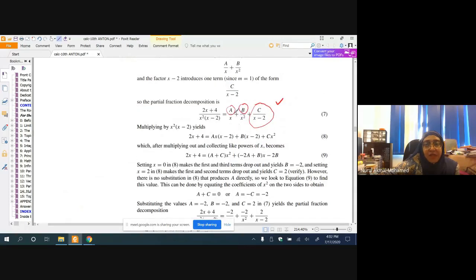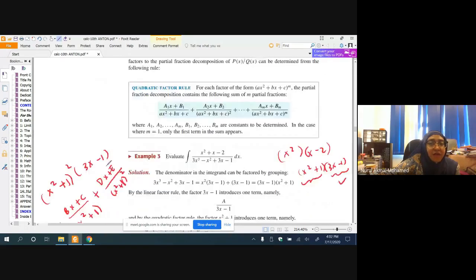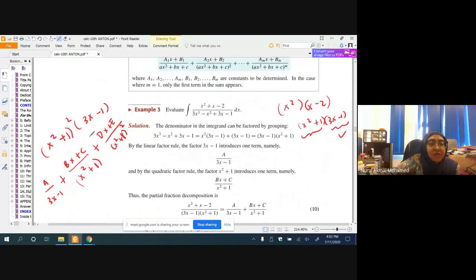From the previous procedure, you have here a divided by x plus b divided by x squared. We have here x squared, so that's why you have bx plus c divided by x squared plus 1, plus dx plus e. The reason for bx plus c or dx plus e is because of this x squared plus 1, but the squared here needs you to segregate.